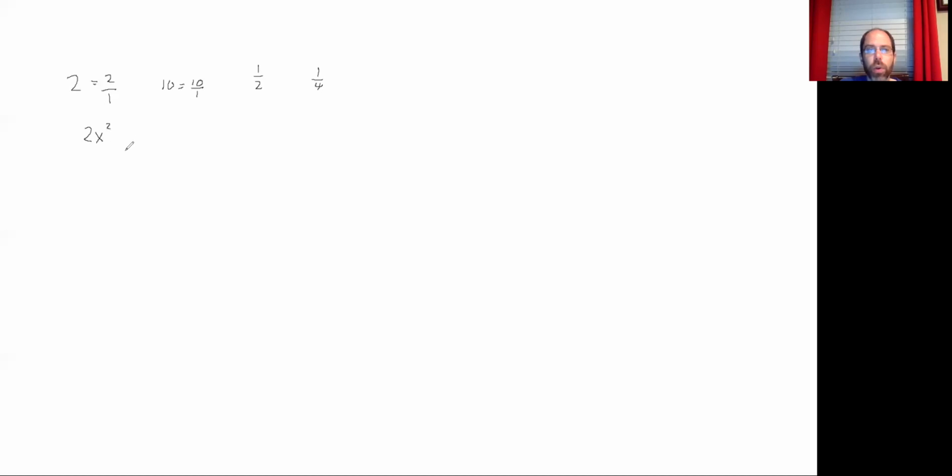Because it has a variable in there. This is rational because I could simply write this as 2x squared divided by 1. Anything divided by 1 is just itself. Another example of a rational expression would be something like this: 10x to the 4th divided by 5x squared. I have one expression divided by another expression, so this is going to be rational.